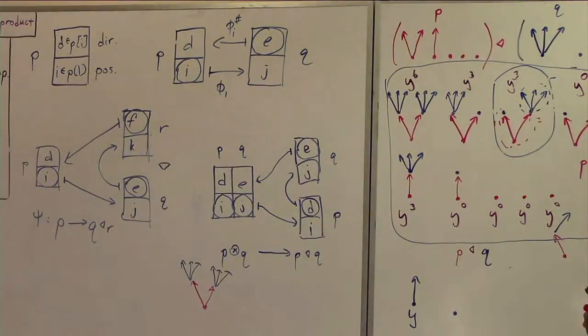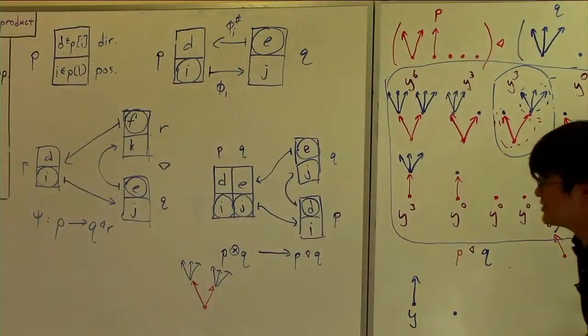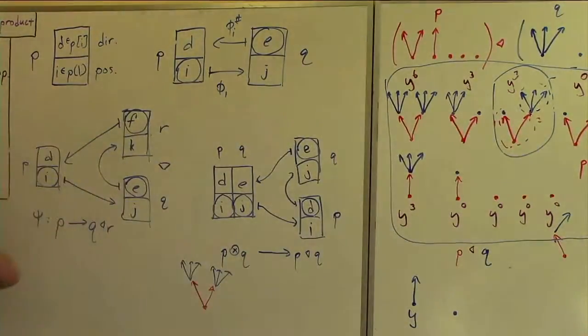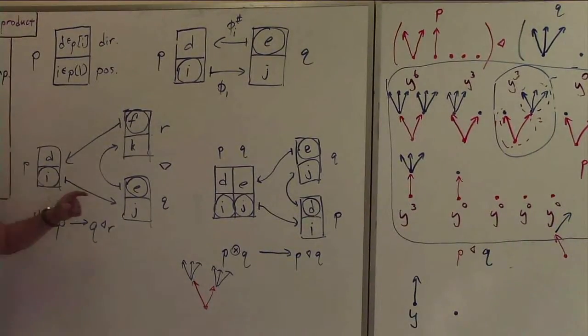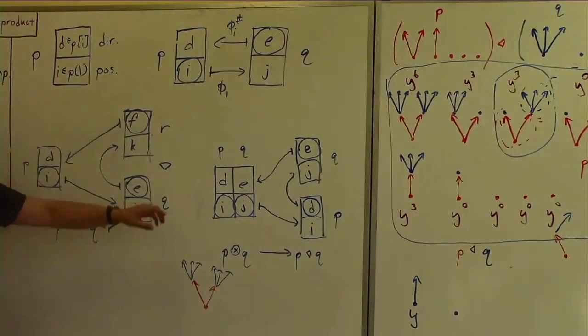OK. Let's see. I have 5 minutes left. And so I don't think I can get to both of these, but I think I'll cover one of them. I guess I'll just briefly mention, again, you can check this in the book, that we have these specific ways where the composition product interacts with the tensor product in what's called a duoidal structure.